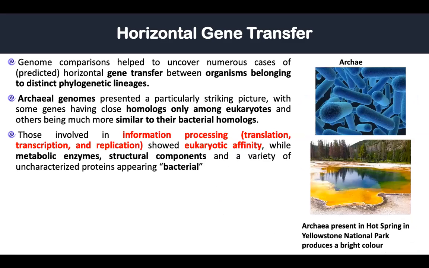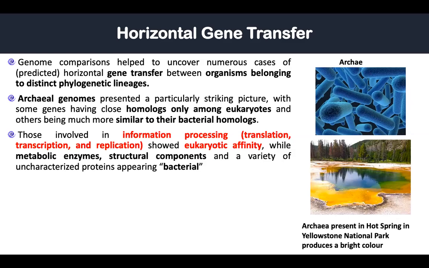Genome comparisons have helped to uncover numerous cases of horizontal gene transfer between organisms belonging to distinct phylogenetic lineages. Archaeal genomes presented a very interesting picture, with some genes having close homologs only among eukaryotes and others being very similar to bacterial homologs.